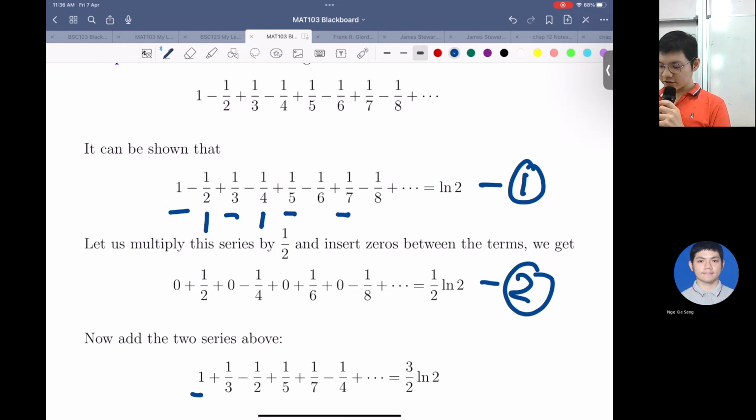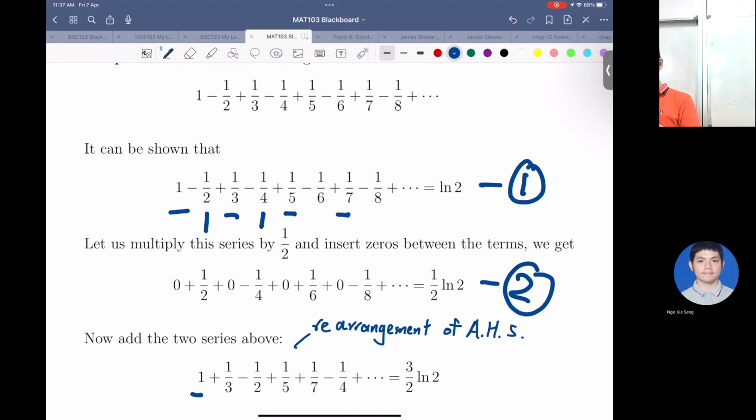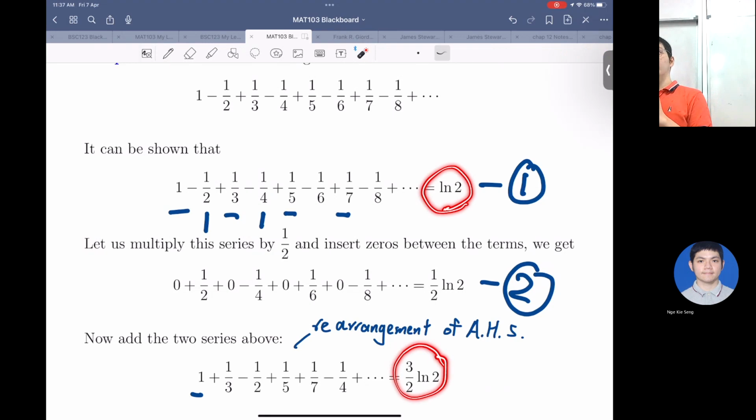It can be shown that this is a rearrangement of the alternating harmonic series, but the number on the right changes and becomes 3/2 times log 2.